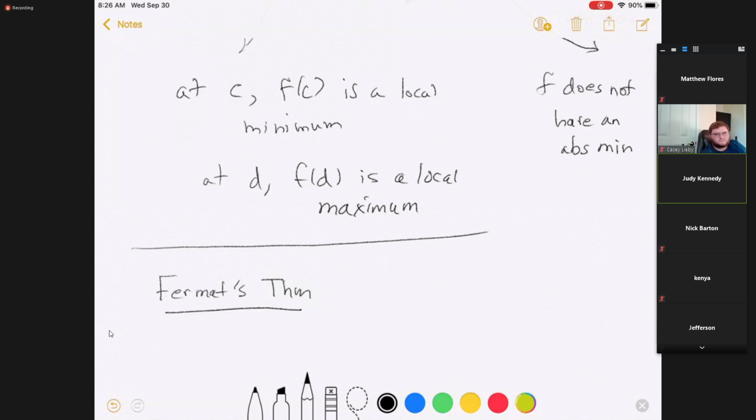For the extreme value theorem to hold, you do not have to have a differentiable function. For Fermat's theorem, you do need a differentiable function.